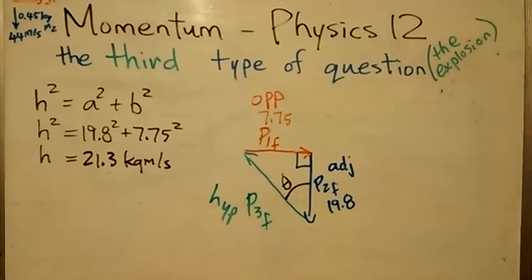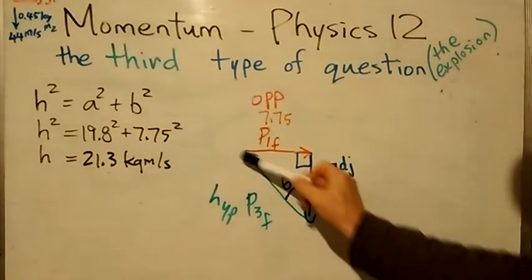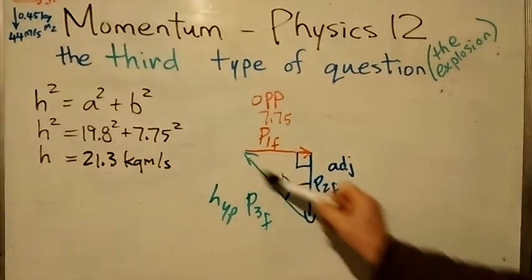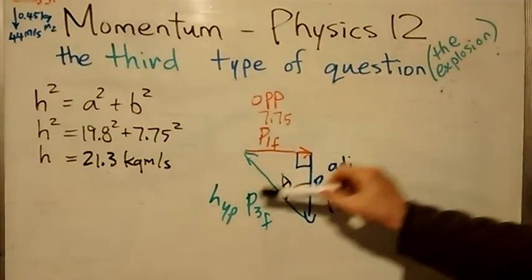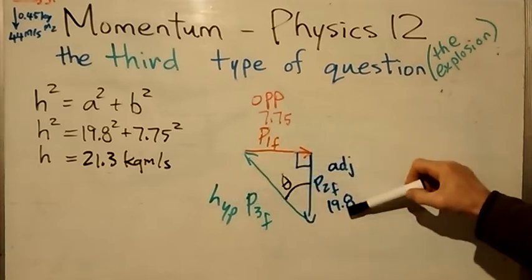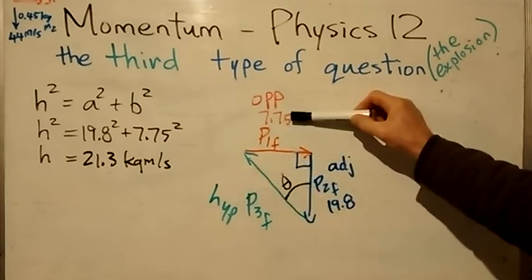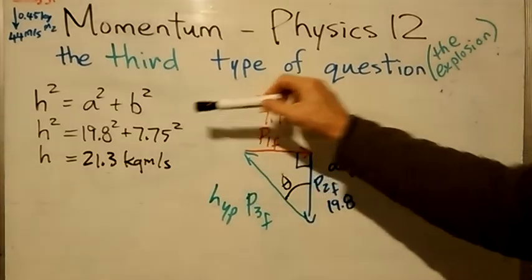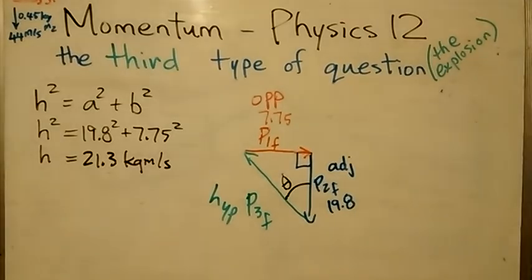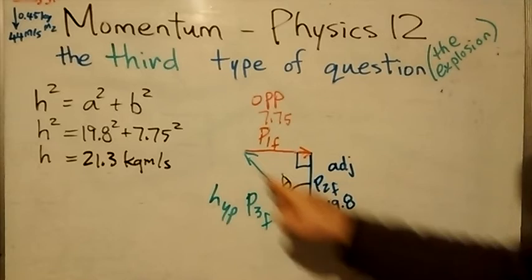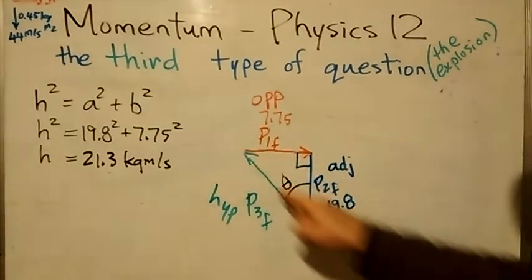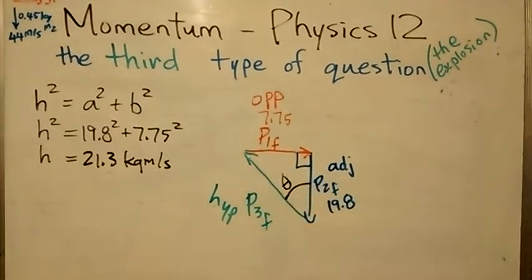Using the calculator to go through the math, this side right here is the hypotenuse, so h squared equals a squared plus b squared. So h squared is equal to 19.8 squared plus 7.75 squared. And when you do that, and then don't forget to root it, you get 21.3 kilogram meters per second is the hypotenuse.